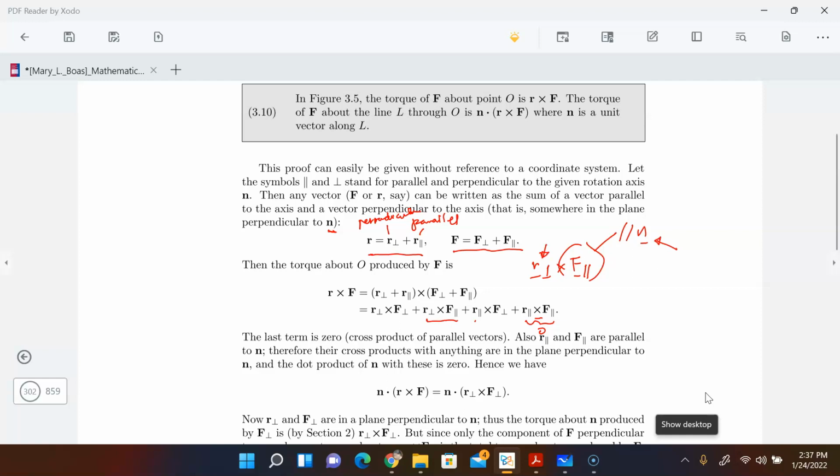So this will be in a plane perpendicular to N. So when I take the dot product of this with N, this term will disappear, and what's left is this quantity.